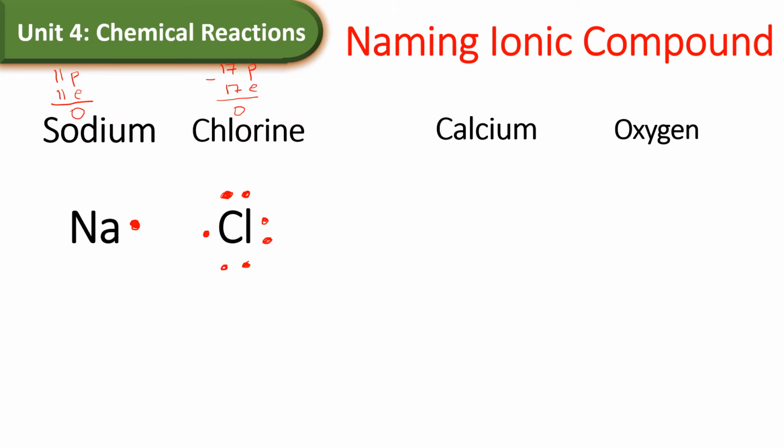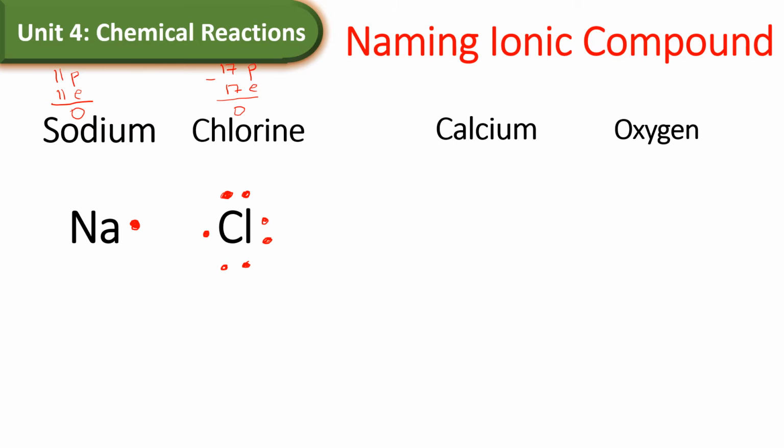For example, chlorine has 7 valence electrons. It needs one more to become complete, meaning to have 8 valence electrons. Sodium has only one valence electron, and it's okay for this element to give it away so that it will have empty valence electrons, meaning it will also be a complete set.